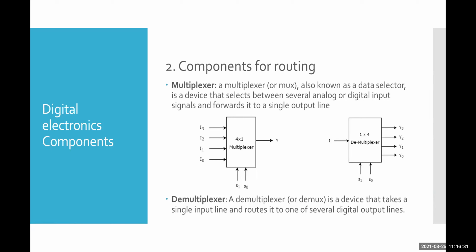Here one multiplexer is given: multiple connections are coming, but you take only one output. In the demultiplexer, only one input is coming, and we get multiple outputs, like LAN connections 1, 2, 3, 4. Actually we get only one connection from the service provider, but we make multiple connections.